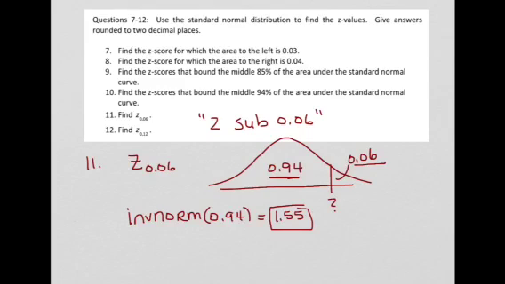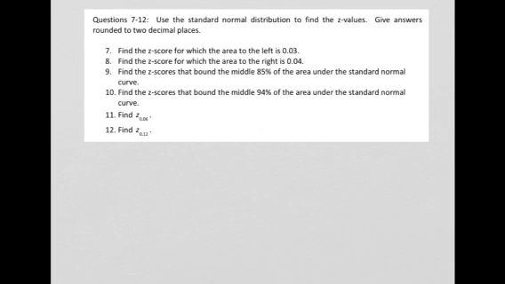So that's how we found z sub 0.06. In the next problem, we want to find z sub 0.12. So we'll do that the same. And I can even do this without drawing the sketch. The sketch isn't necessary.